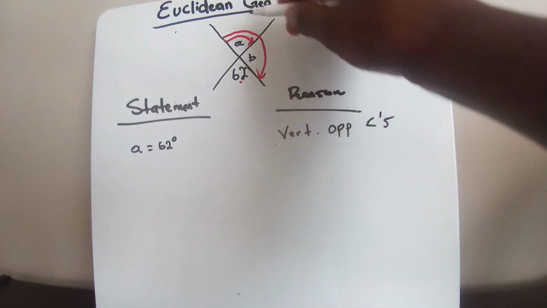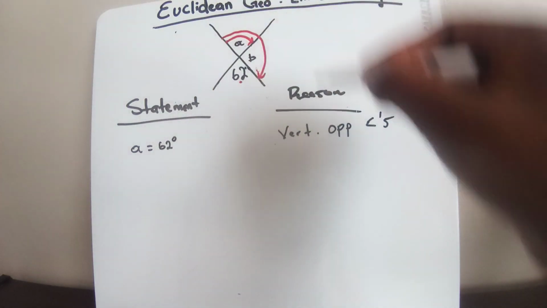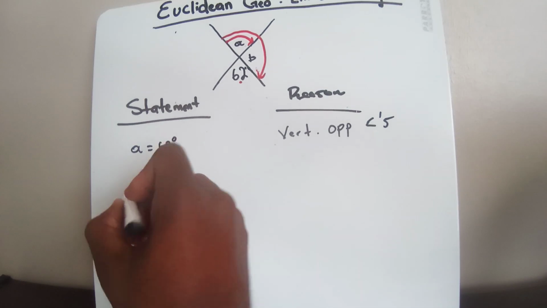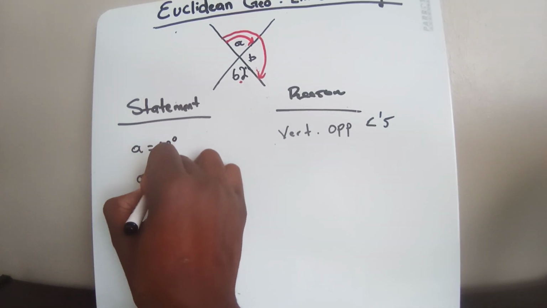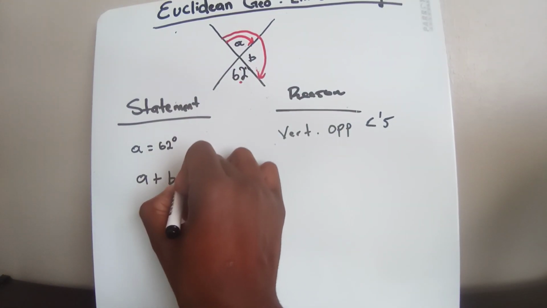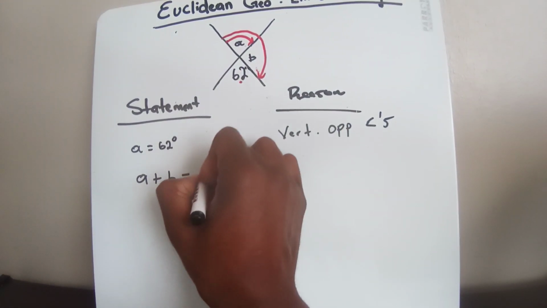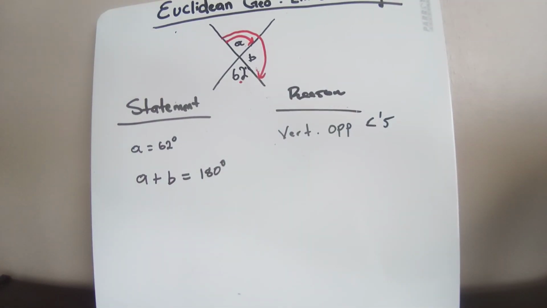So we know that angles in a straight line add up to 180 degrees. So I'm going to say A plus B must equal 180.